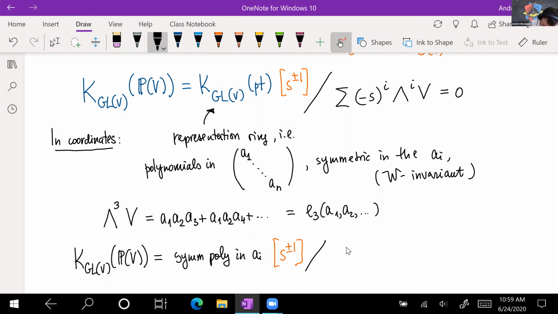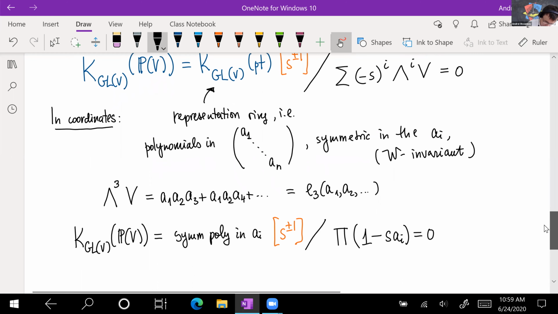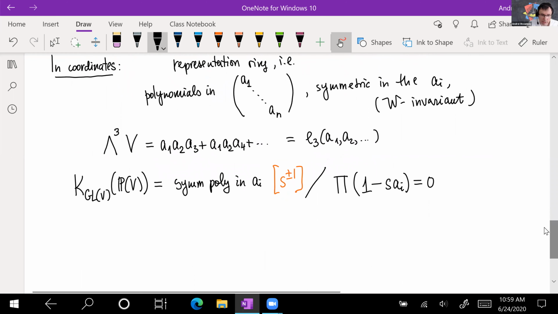What does this relation say? This relation says that the product, because this is like a generating function for elementary symmetric functions, looks like the product of (1 minus s a_i) equals 0. So what this means is a union of just tori, union over i, where you just equate s to be a_i inverse.